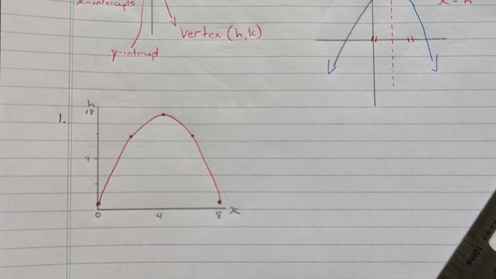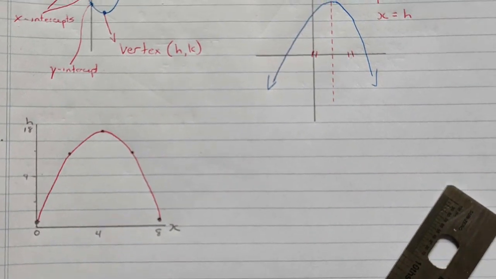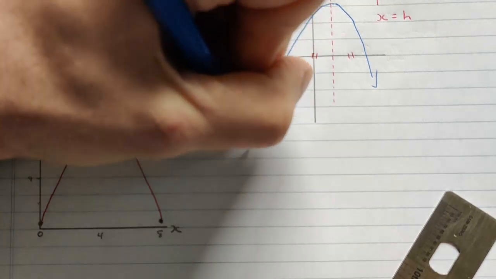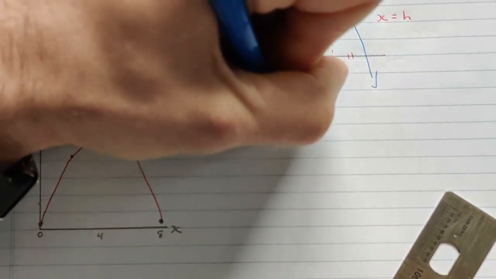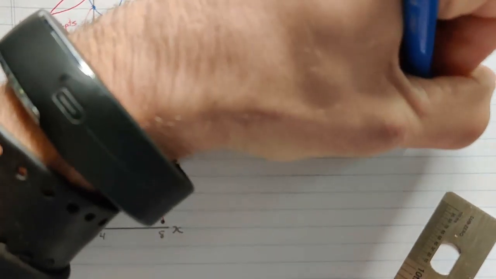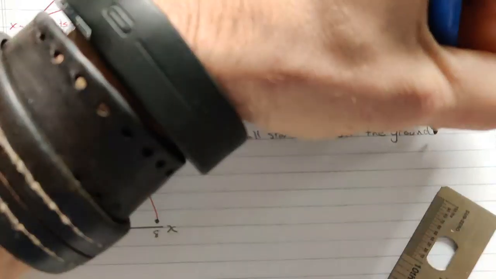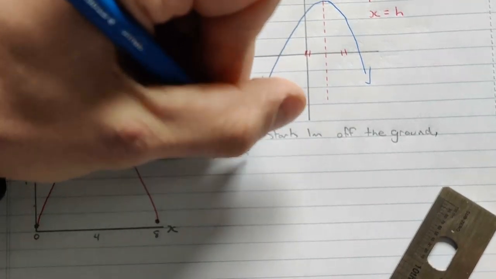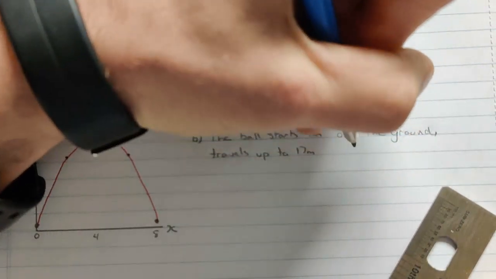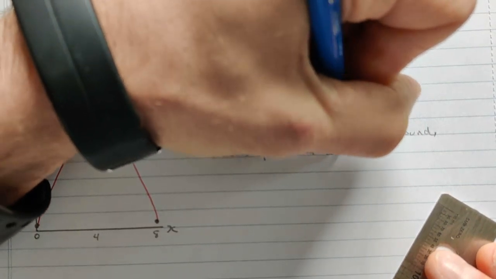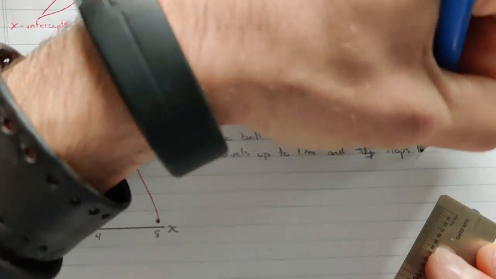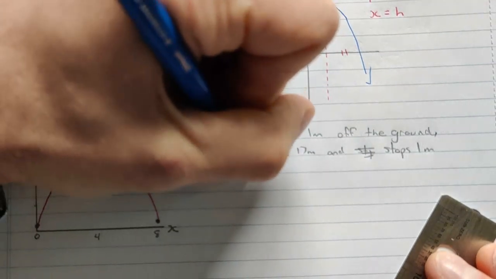So the flight path of the ball might be described something like: ball starts 1 meter off the ground, travels up to 17 meters, and stops 1 meter off the ground.